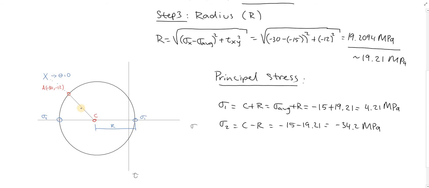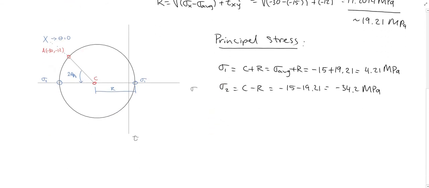What we want to find is the angle between here. This is referred to as 2θp2, because it's the second element. If we had our reference point on this side, we might refer from our principal stress 1. But recall, principal stress 2 is the one following the x component here. I'll show you what it looks like in the element in just a minute.